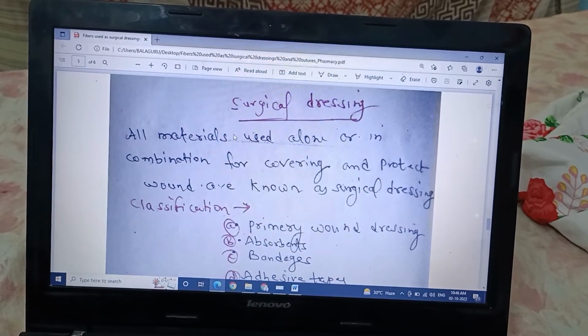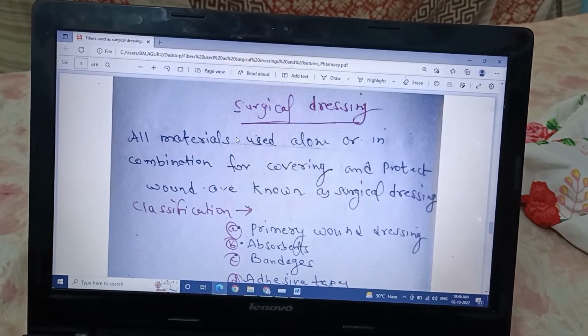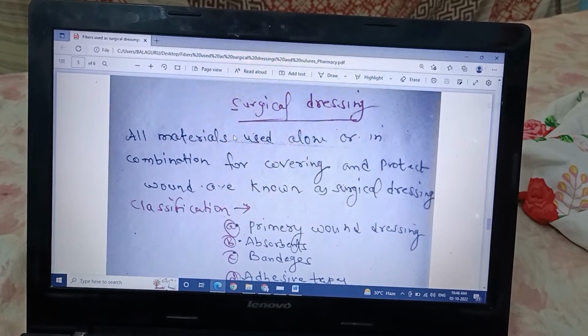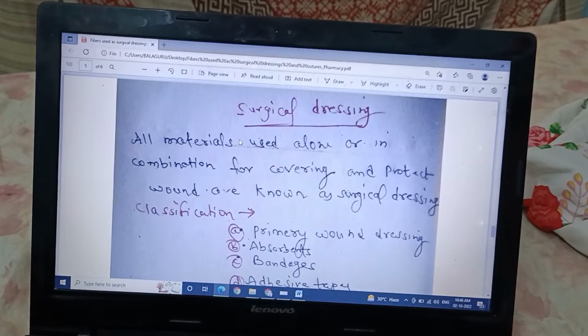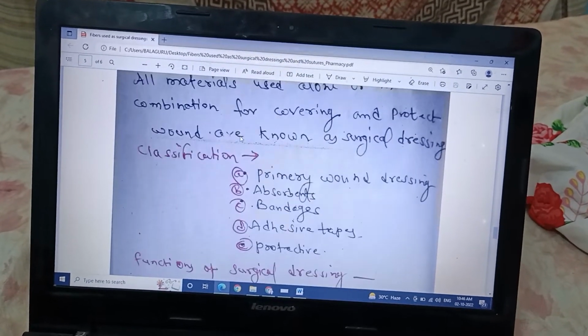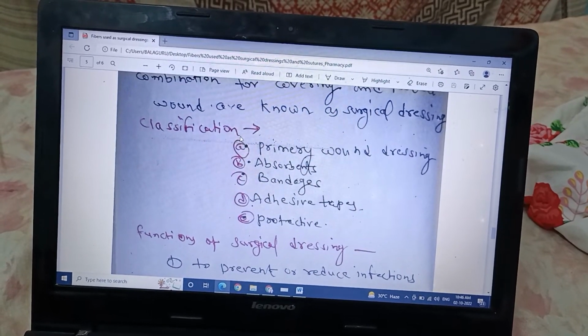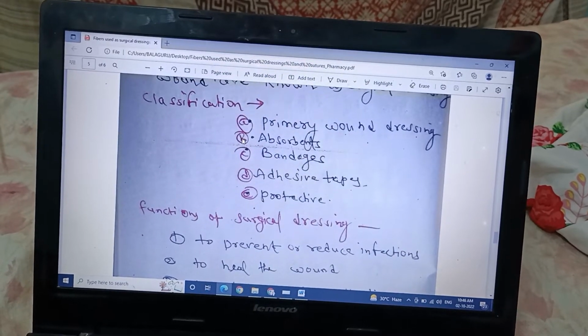You protect the wound by using a combination of protective materials. The classification of surgical dressing: primary wound dressings, absorbents, bandages, adhesive types, and protective types.